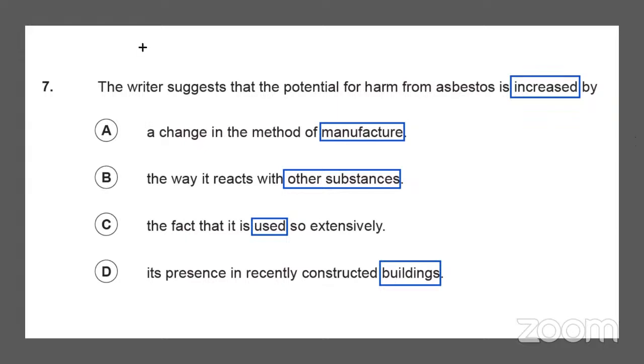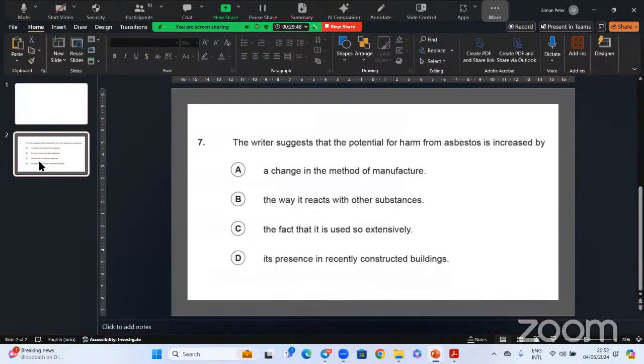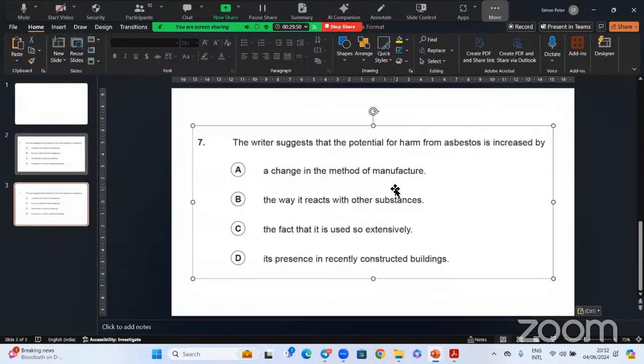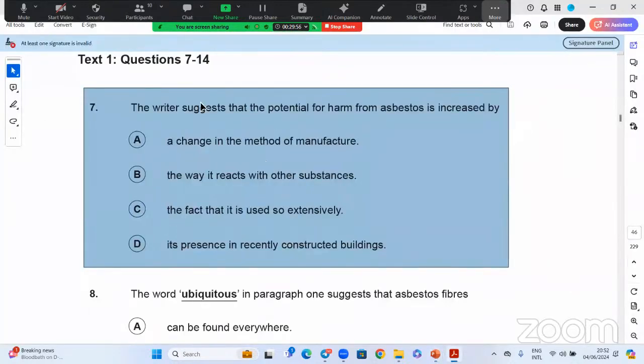Paragraph. So we'll go to the beginning. Your 7th question. First paragraph will go.